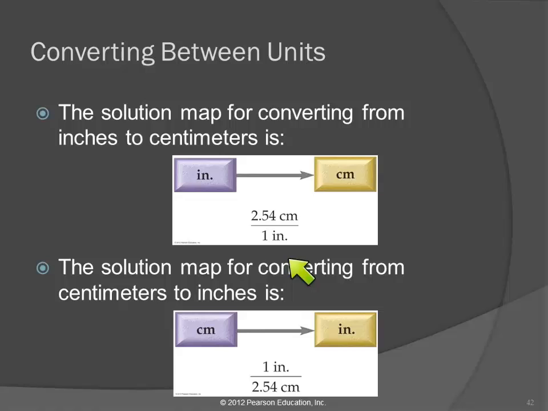And then in your solution map, identify how do I get from this point to that point. I need a conversion factor. Here it is. If the problem's a little different and you're converting from centimeters to inches, then your solution map is going to look backwards. Because if I'm driving from Reedley to Fresno or from Fresno to Reedley, the path is the same, it's just flipped, starting and ending. And then the conversion factor is just going to be upside down of this one.